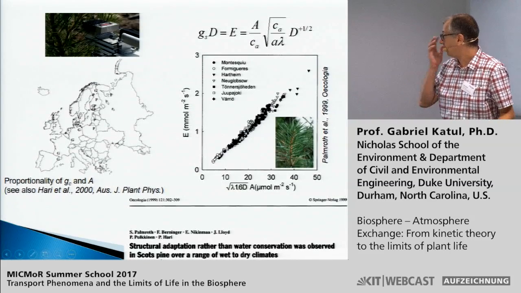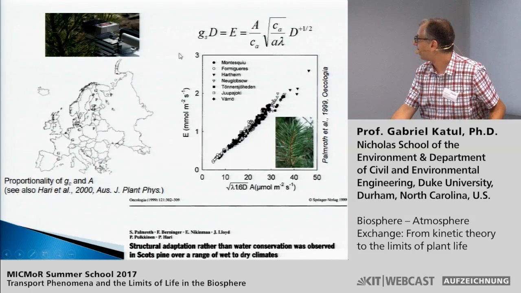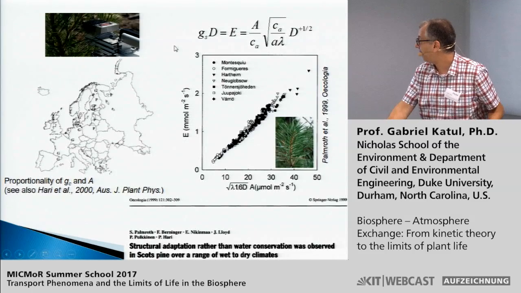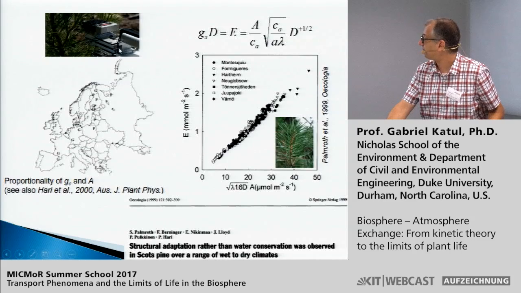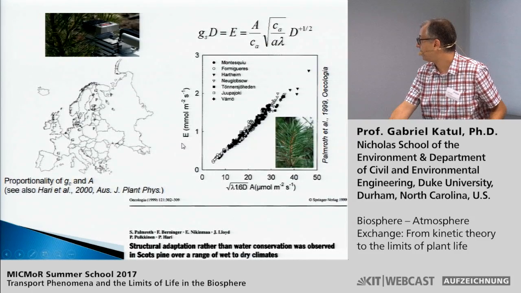Now, is there support for this? Sari Palmroth did a very nice experiment on Scots pine. She actually did leaf gas exchange measurements across the climatic gradient going from Finland all the way down to Southern Europe, and she assembled a wealth of data sets on transpiration rates, vapor pressure deficit, and photosynthesis.